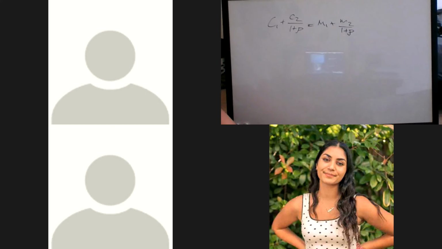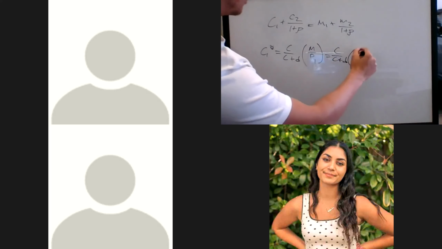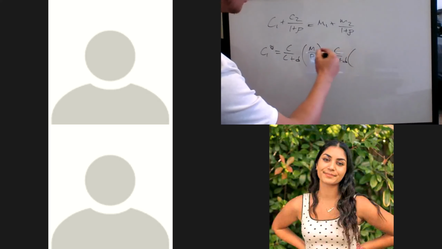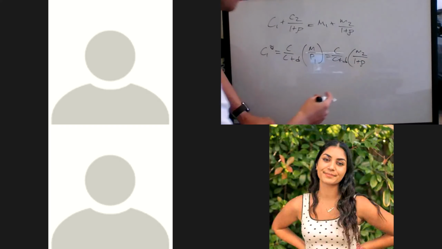So the old C1 star would be C over C plus D times M over P1. And now for borrowing and lending, in lecture he explained that M is now going to be M1 plus M2 over 1 plus R. Is it 1 plus R or 1 plus rho?